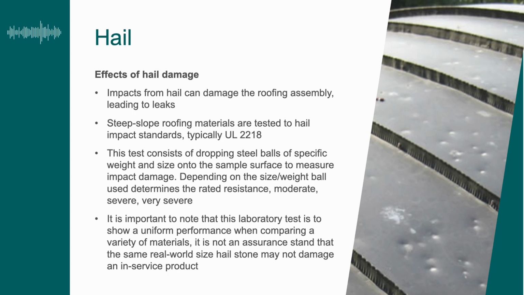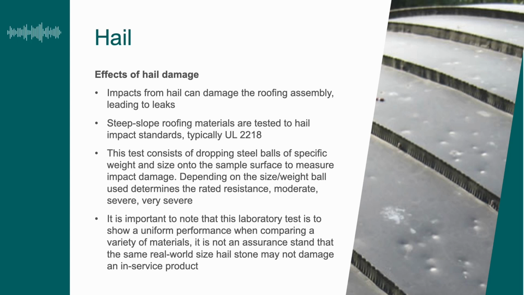The thing that's important to keep in mind, especially when you're talking about hail, is that these are laboratory tests, and it's meant to see a minimum level of performance, and it's meant to compare products to products under the exact repeatable conditions. Just because something passes severe hail at a 2-inch ball doesn't mean that if you get a 2-inch real hail pellet in any condition it potentially wouldn't damage a roof covering, because it's possible.